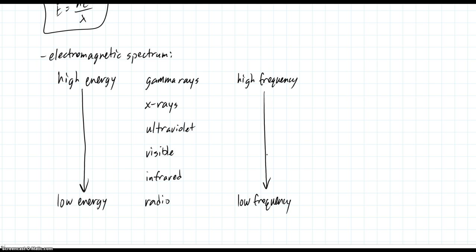But remember that from c equals lambda times nu, if frequency is big, wavelength is small, or the other way around. So the top of the list, gamma rays, would be the lowest or shortest wavelength, going down to the highest or longest wavelength at radio waves.